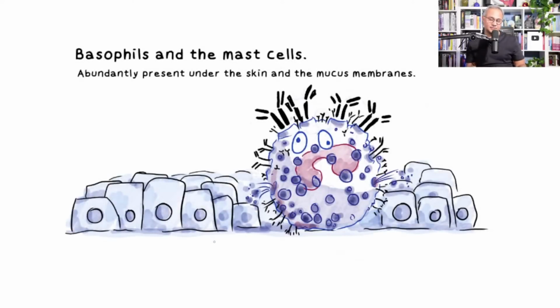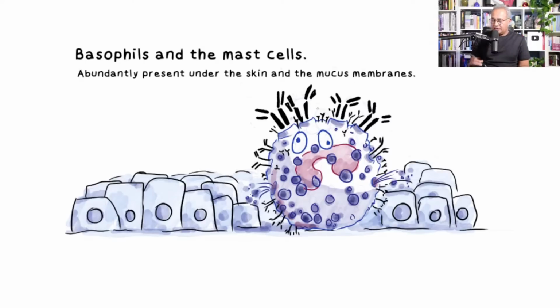Mast cells, as I said before, the only difference from basophil, this cell lives in the tissues, especially under the skin. That is why hives occur under the skin, because of the inflammation under the skin. Under the mucous membranes, that is why respiratory membrane and when somebody is getting hypersensitivity reaction, their lips start swelling, because the respiratory mucous membranes would start swelling up and the person would start choking.